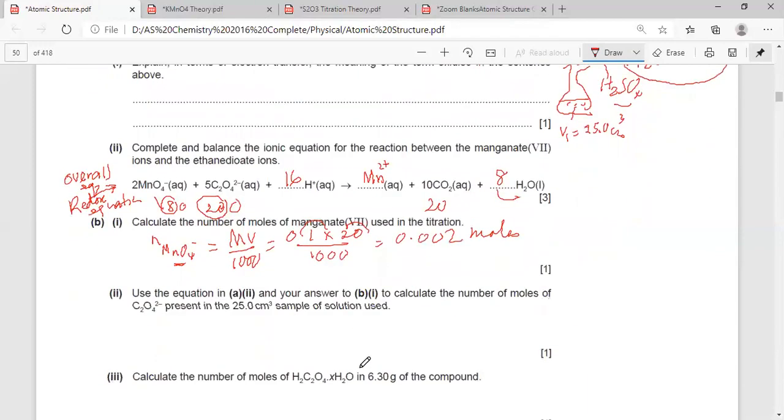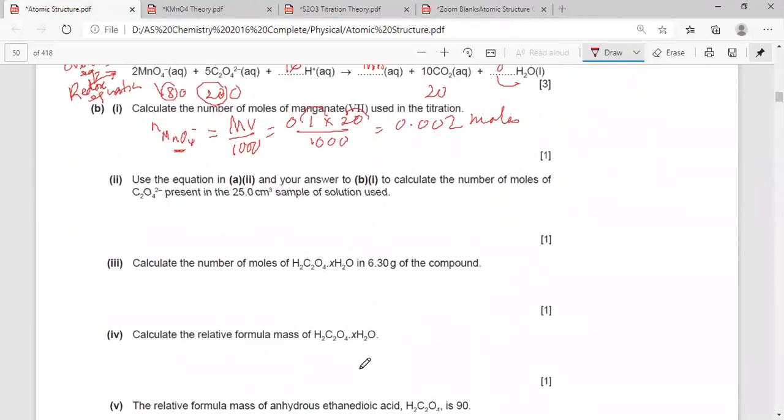Sometimes it's very tricky. Use the equation in part A and part B to get the number of moles. Remember here is 25, and for this one here is 250, so you must remember, times 10. The 25 is the first part here. So the number of moles of C2O4 2 minus over the number of moles of MnO4 minus, from the equation, is 5 to 2.